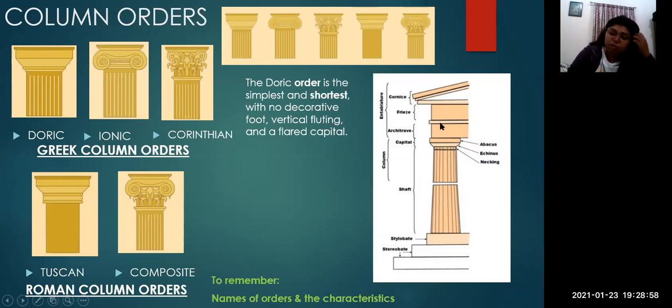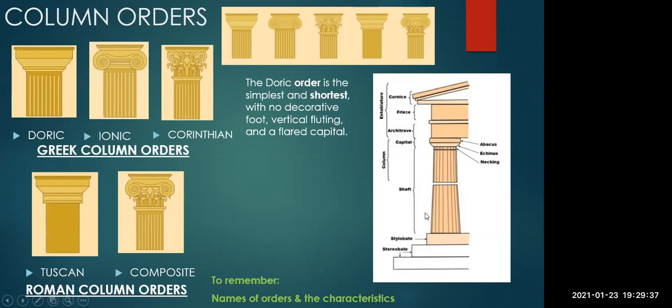So that's how you have to remember the parts of the entablature. The column consists of the capital, which is this, which is the order, and the shaft. The stylobate is like the plinth for the column, and the stereobate is like the foundation. So that's how you remember the parts of the column.